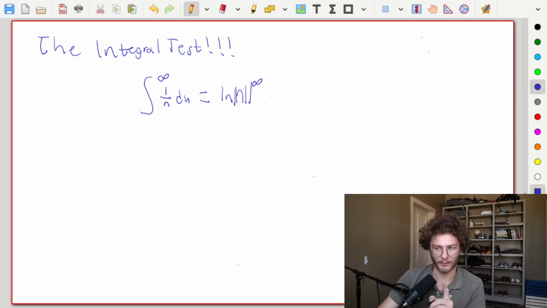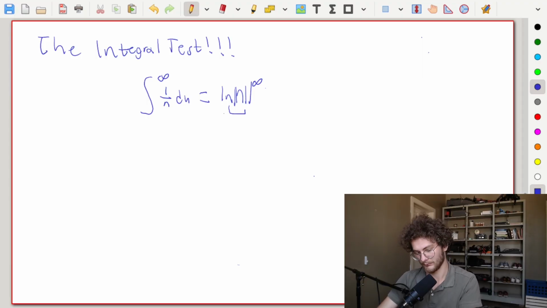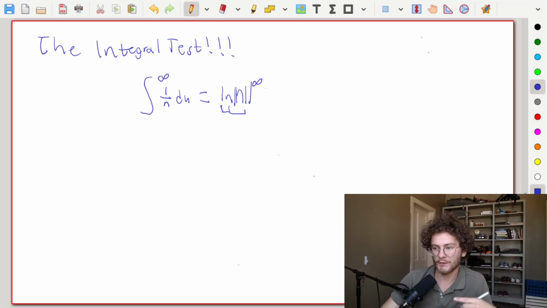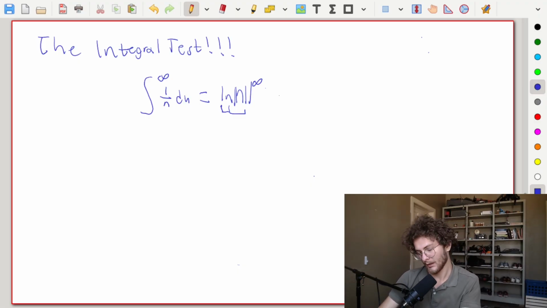All we want to know is what this function does as it approaches infinity. Well, it's infinite.